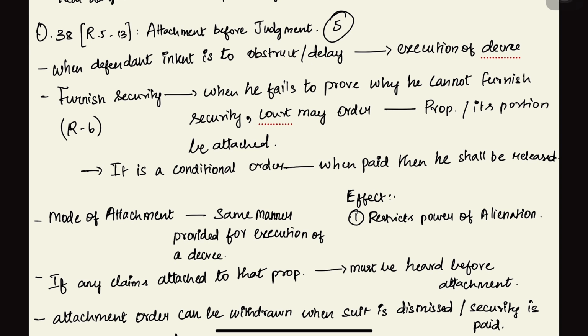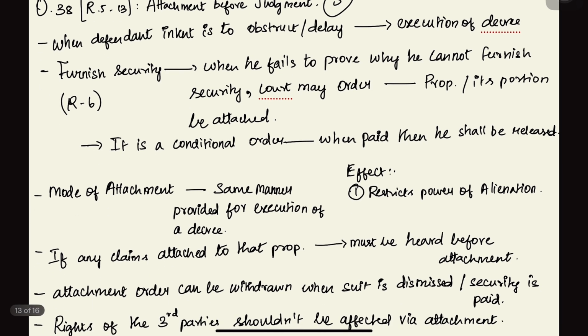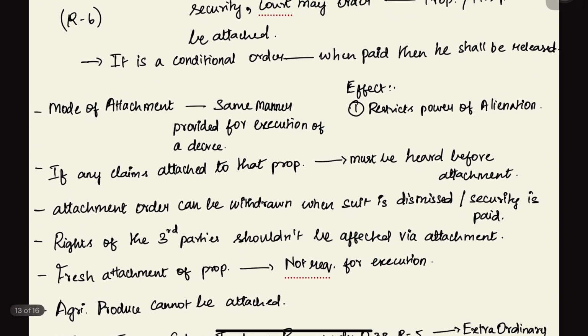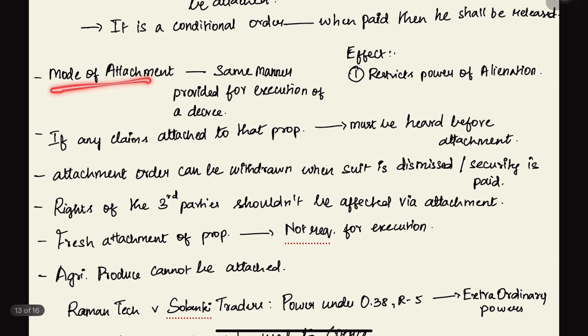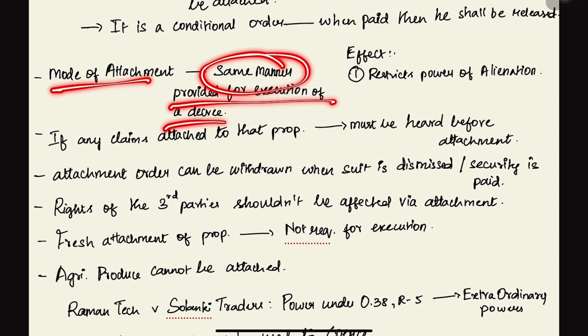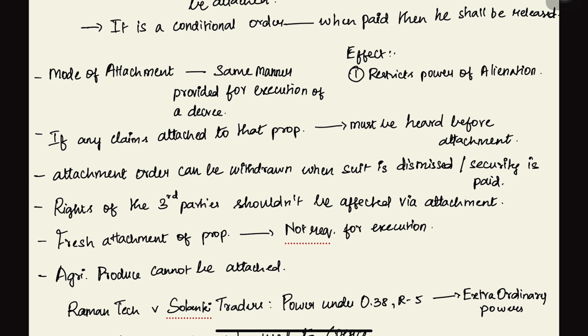So when he does not provide any security, the court may attach his property or any portion of his property to that extent. So it is a conditional order. Whenever such security is furnished by the defendant, he will be released. Mode of attachment will be the same manner as provided for the execution of a decree.